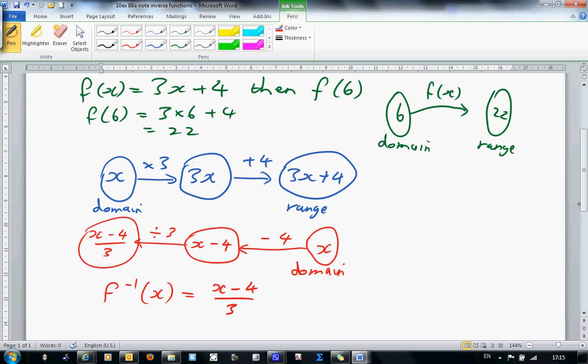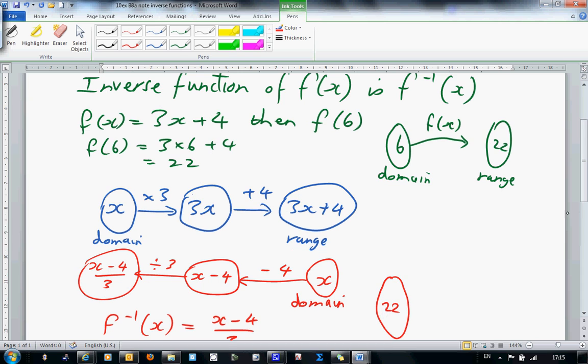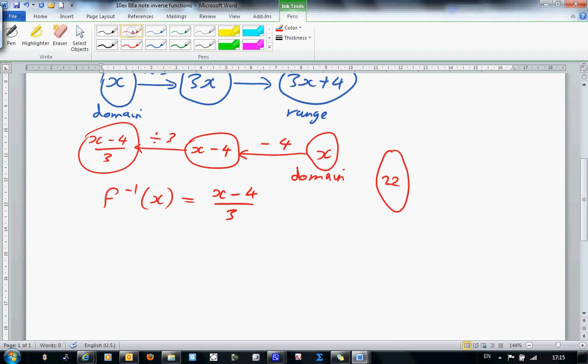So in this case, this function will start with 22, and then it will take away 4, and then it will divide by 3, which is 6.